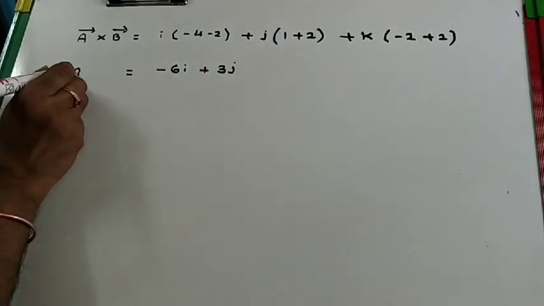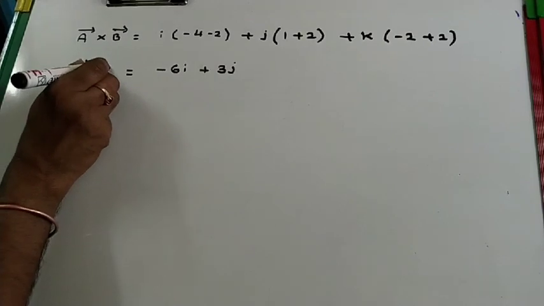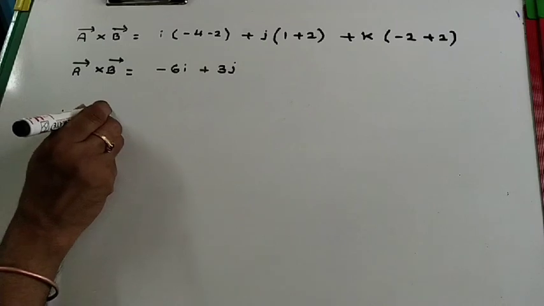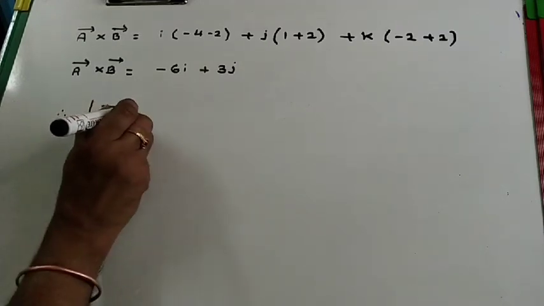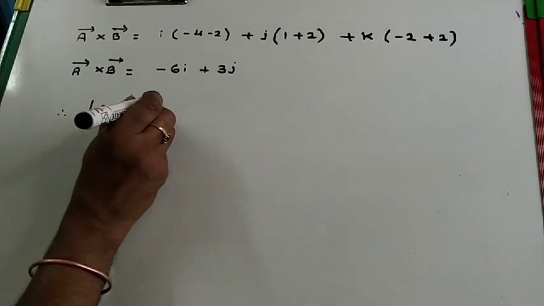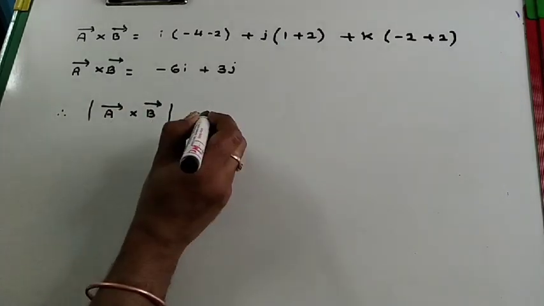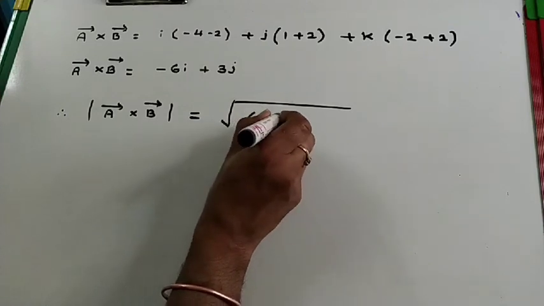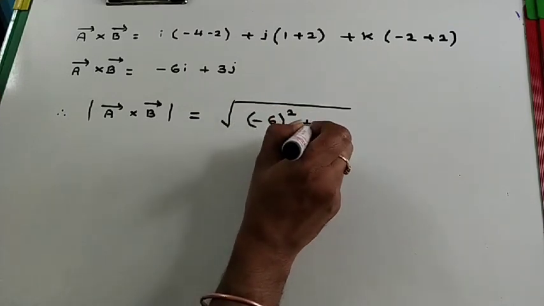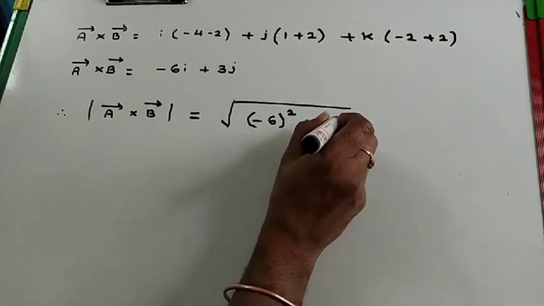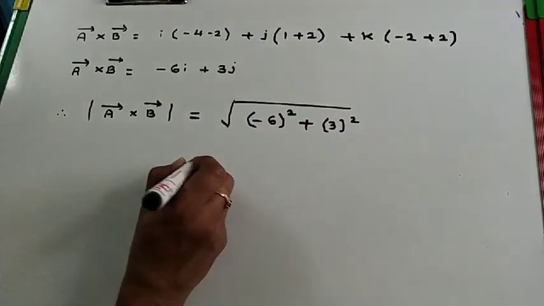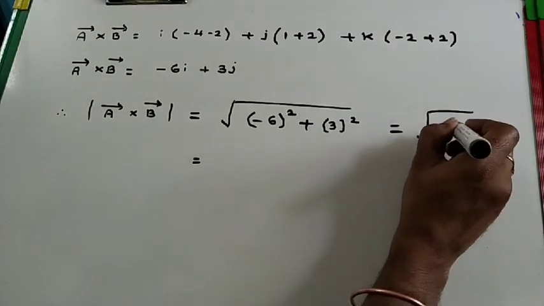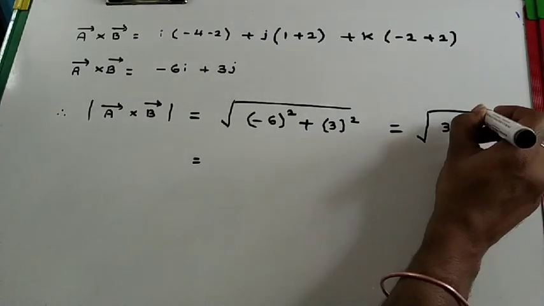This is A vector cross B vector. Therefore, A vector cross B vector mod is equal to root of minus 6 whole square plus 3 whole square, that is equal to root 36 plus 9.